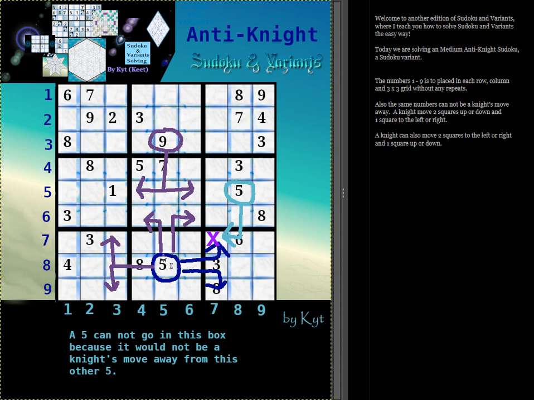A knight can also move 2 squares to the left or right and 1 square up or down. A 5 cannot go in this box because it would be a knight's move away from this other 5.